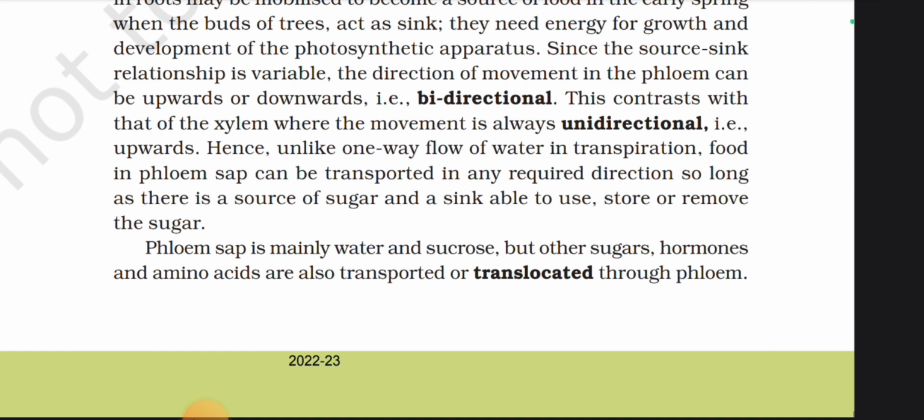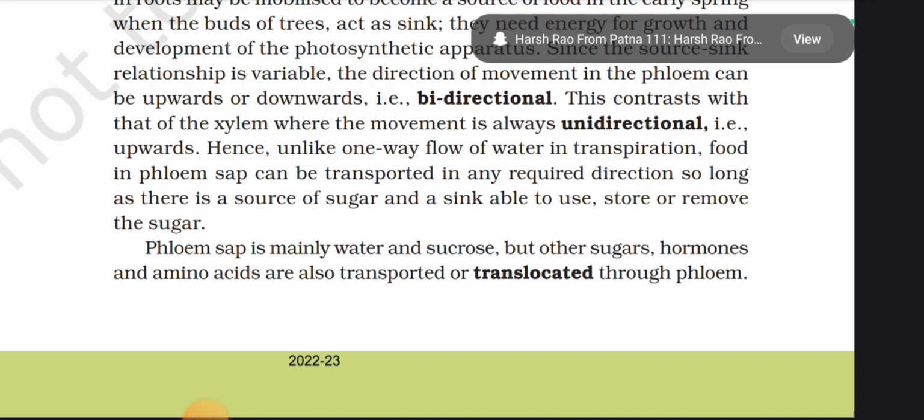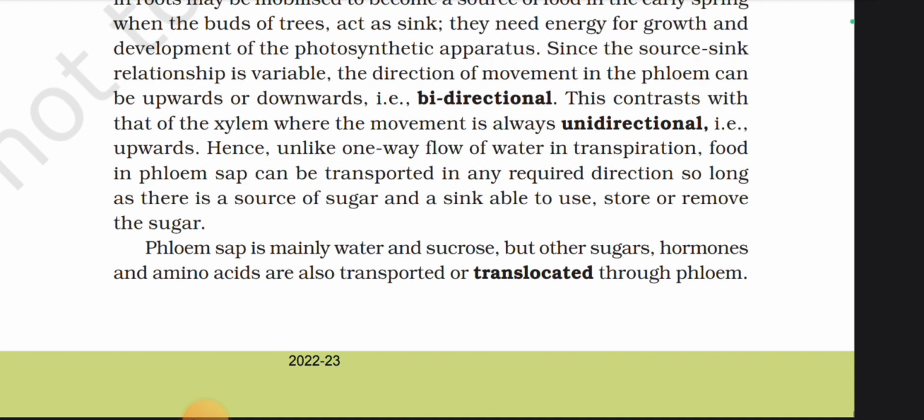This contrasts with that of the xylem, where the movement is always unidirectional, that is upwards. Hence, unlike one-way flow of water in transpiration, food in phloem sap can be transported in any required direction, so long as there is a source of sugar and sink able to use, store or remove the sugar.